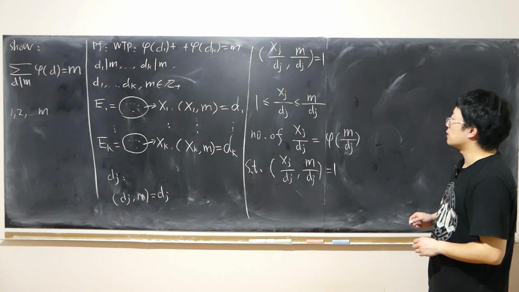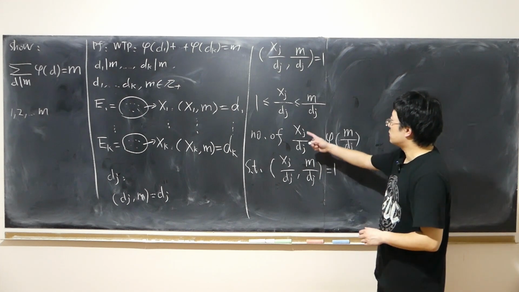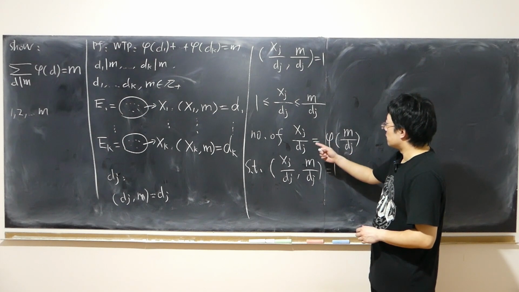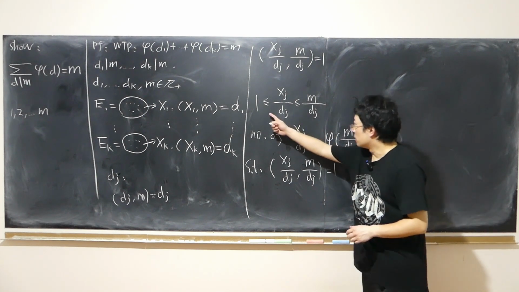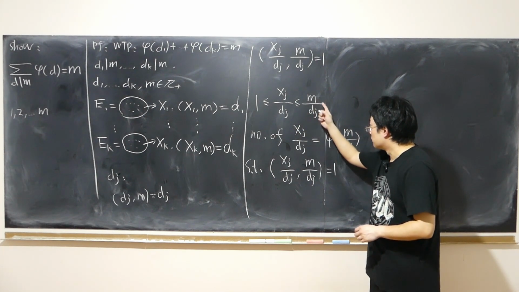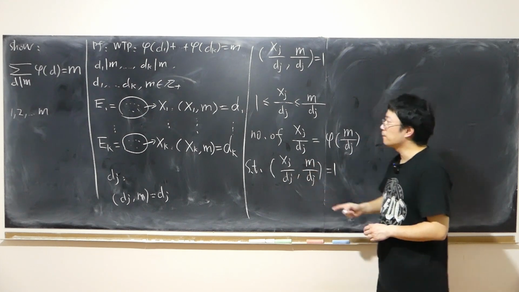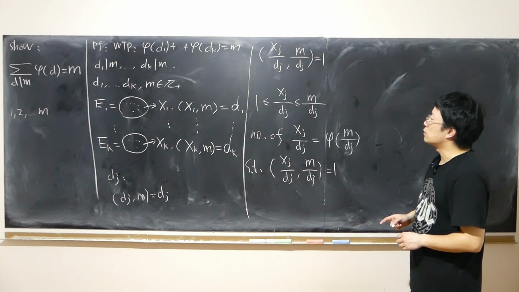And the question is, does this positive integer xj over dj run through all the positive integers in between 1 and this positive modulus that are coprime to this modulus? Does it run through all of them? The answer is yes.